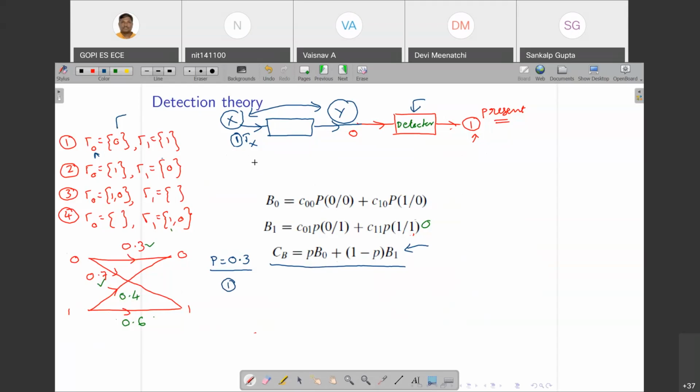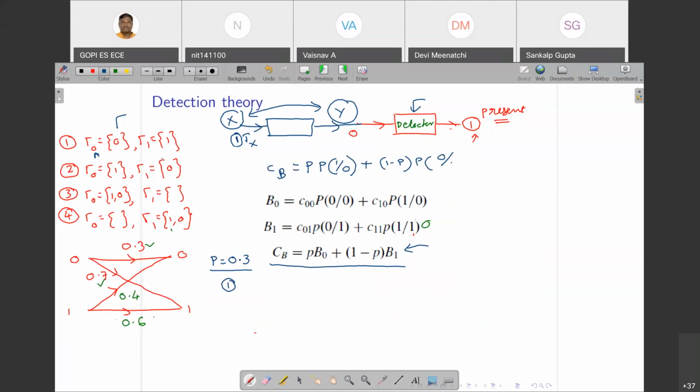So let me write this expression here. The simplified version of this Cb is p into the probability of 1 given 0, plus 1 minus p into the probability of 0 given 1.